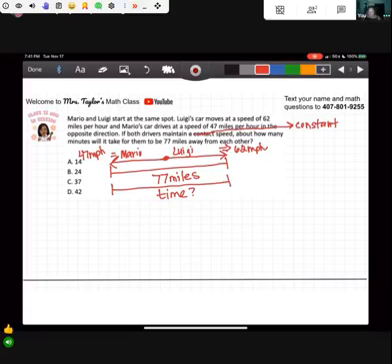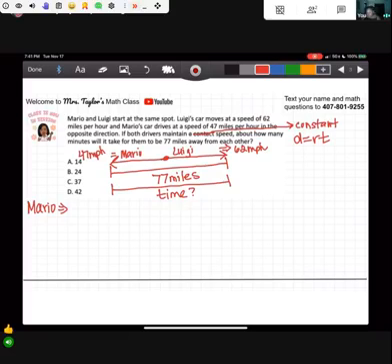So this problem relates back to the formula D equals RT, which is distance equals rate times time. Let's take Mario for instance. We don't know who's traveling how far. We don't know that.